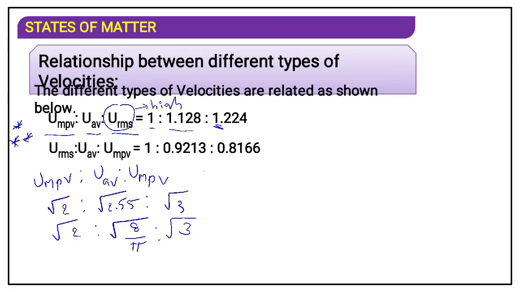The most probable velocity is the lowest. When you come to the order, Cp, that is u most probable velocity, is less when compared to C average, and very high is C RMS.